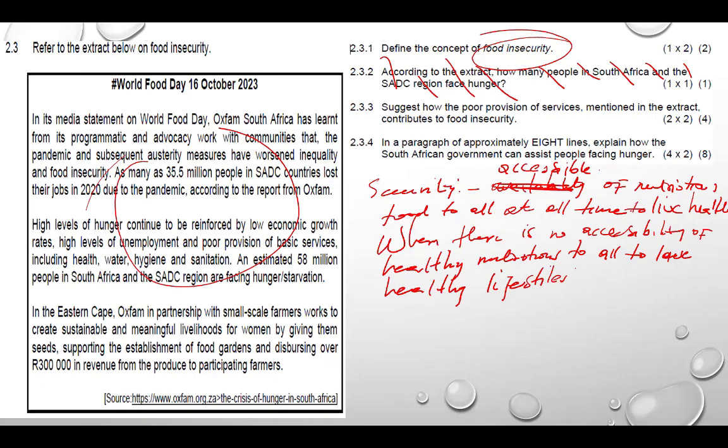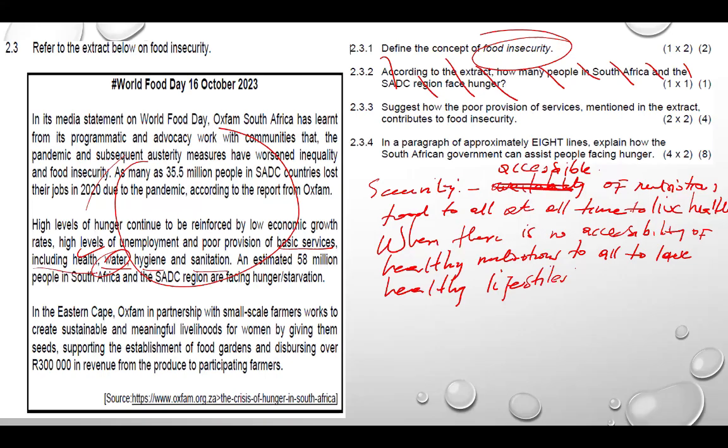Suggest how the poor provision of services mentioned in the extract contribute to food insecurity. Now, here we're looking at what services here? We're looking at the basic services, including health, water, hygiene, and sanitation. How will lack of these services influence food security? So without water, it means people will not be able to do farming.